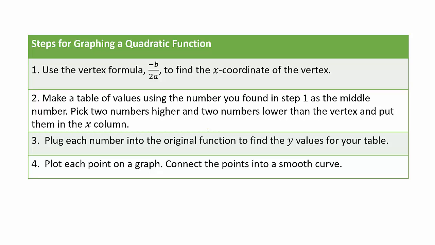Then once we know what the x column is, we can plug all those numbers into our original function to find the y values. Then we plot each point on our graph. And we connect the points into a smooth curve as opposed to something that looks like a connect-the-dot puzzle or whatever.